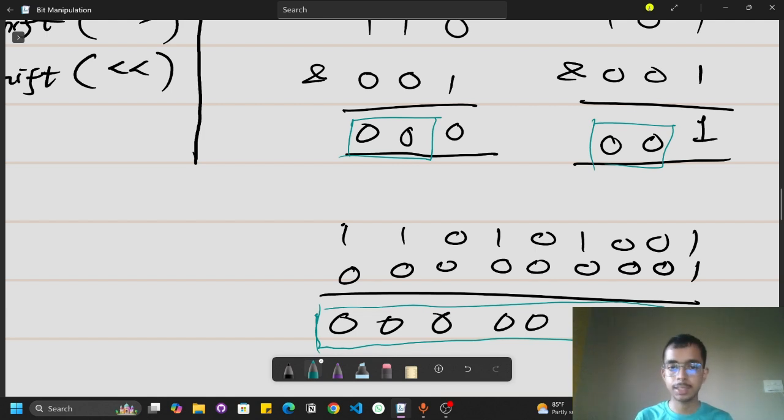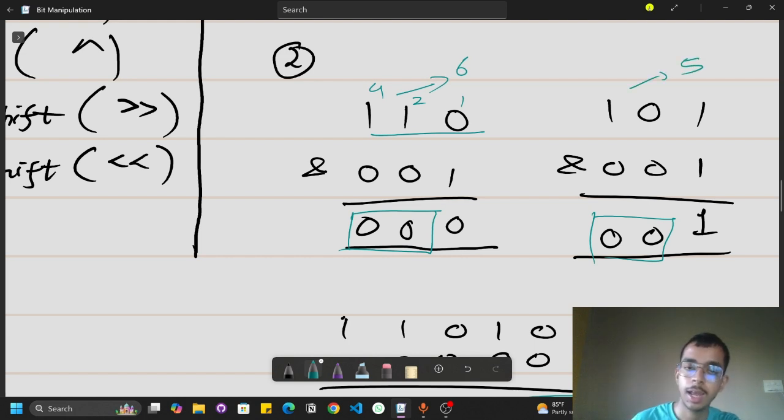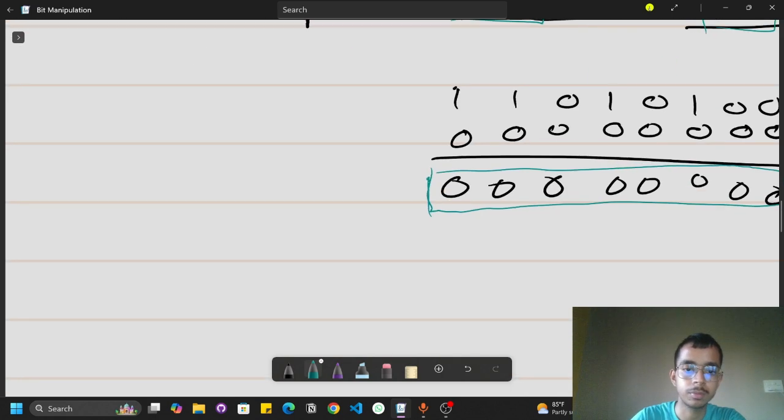And this is the main property of AND. If you look at this number here, it is essentially 1, 1, 0. This is 6. And this number here is 5.